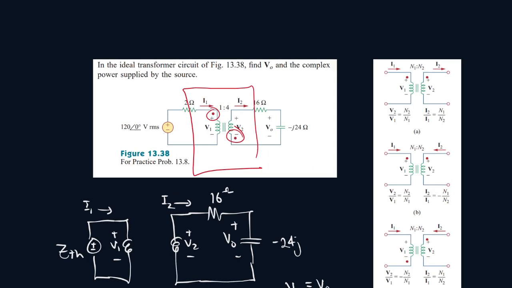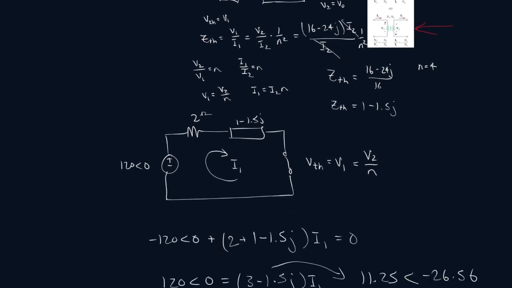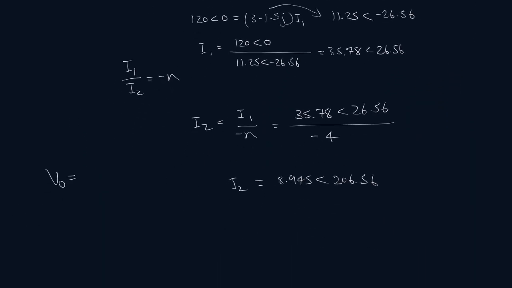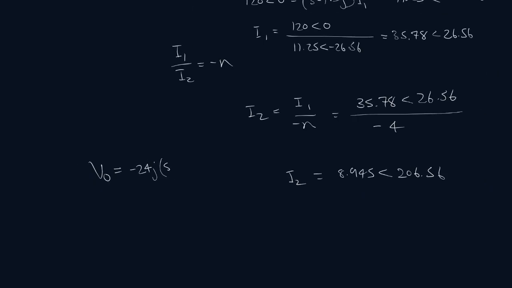VO is pretty much just the current passing through the capacitor, which has an impedance of minus 24J. So it's 8.945 phasor 206.56 degrees. And before we solve this, we will have to turn this into rectangular format, sorry, I meant Cartesian format.